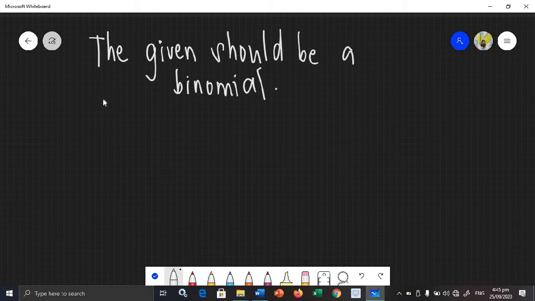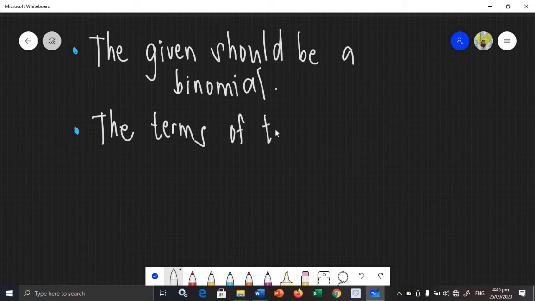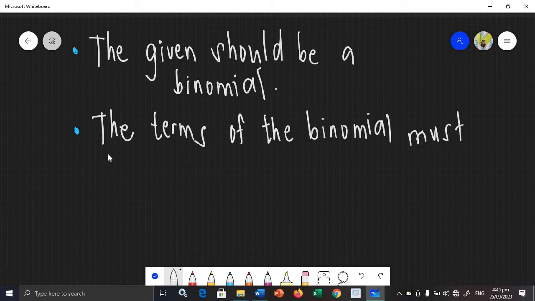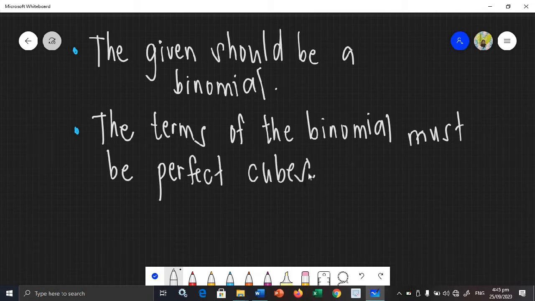And then the second condition is the terms of the binomial must be perfect cubes, okay? If you do not know what perfect cubes are, I attached a table in your modules.